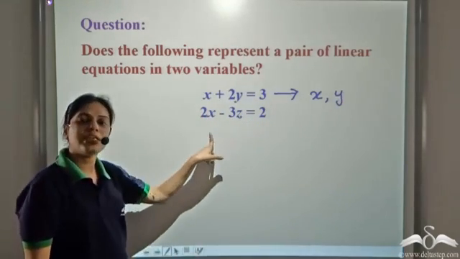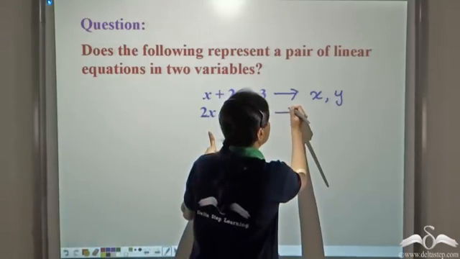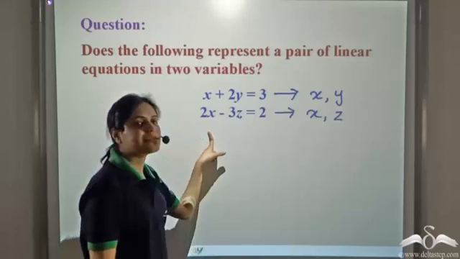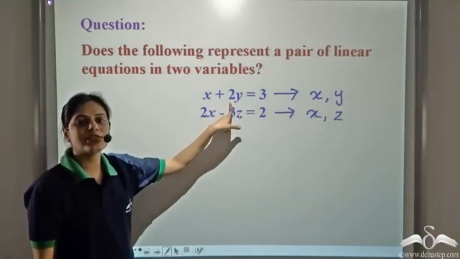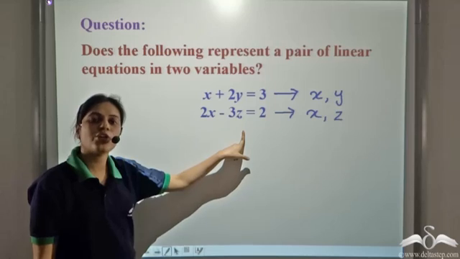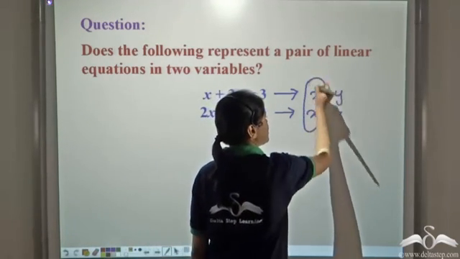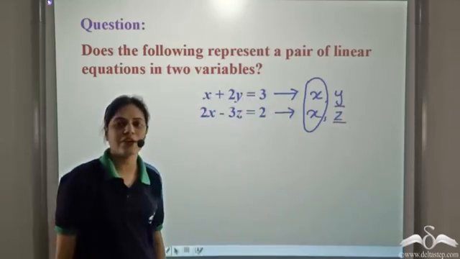Even this is a linear equation in two variables. So it is a linear equation in two variables, x and z. But the variables in the two equations are not the same. x is common to the equations, but in this case we have y, whereas in this case we have z.